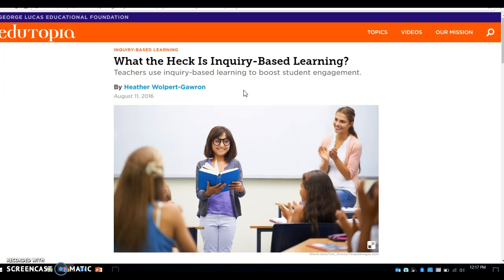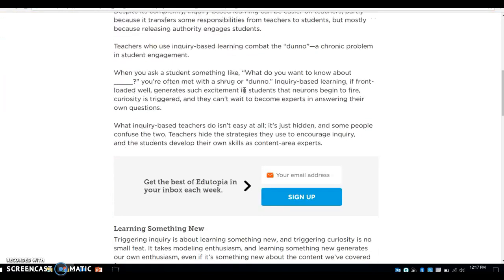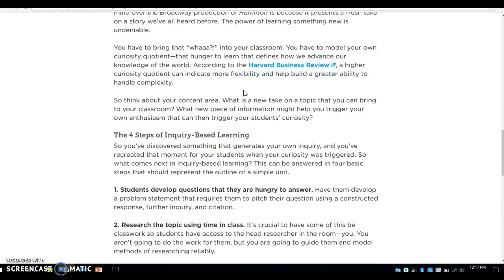I want my students to be able to read critically because that's a key component of inquiry-based learning. It's not that you are simply taking what is given to you, but you are asking questions, and those questions lead to your own growth in the classroom. So this is an article from Edutopia discussing inquiry-based learning.